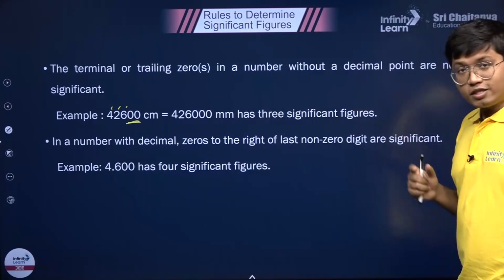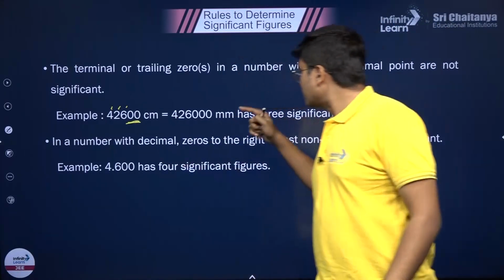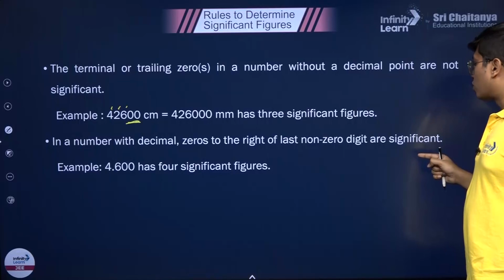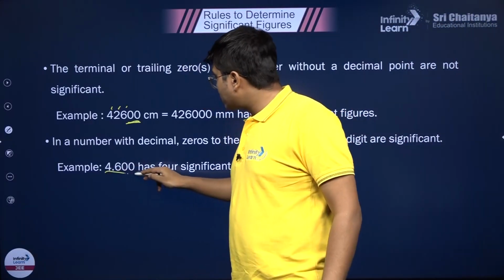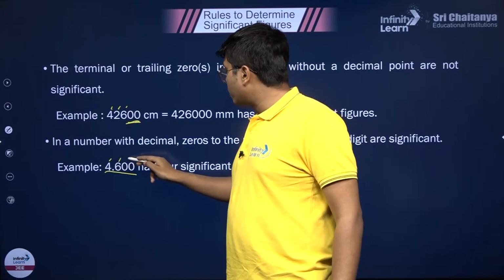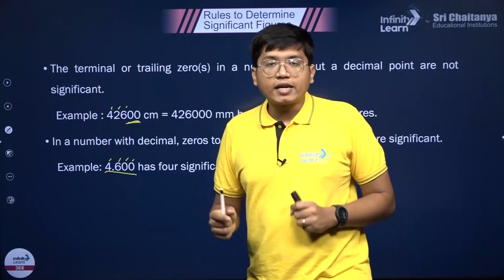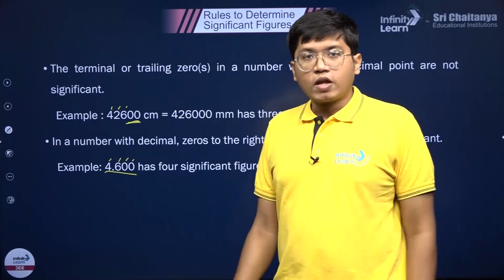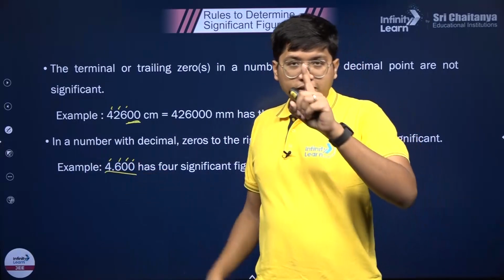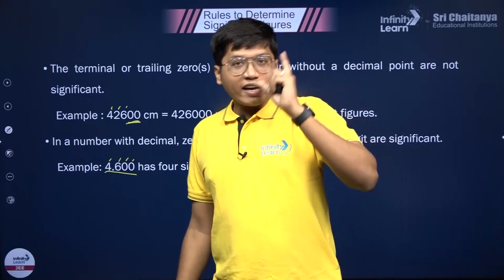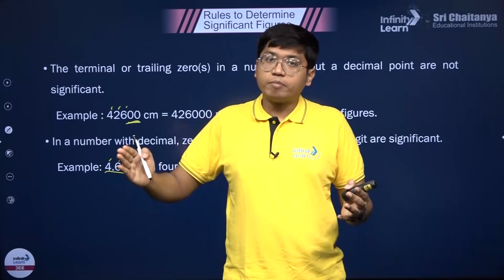In a number, now this is where students get thrown off. In a number with a decimal, zeros to the right of the last non-zero are significant. So over here, there are 4 significant digits. All 4, even these zeros are significant. Now you would say, why are those zeros significant? I know 4.600 just means 4.6, but that is incorrect. Because like I explained, significant figures show you up to which point you have measured.